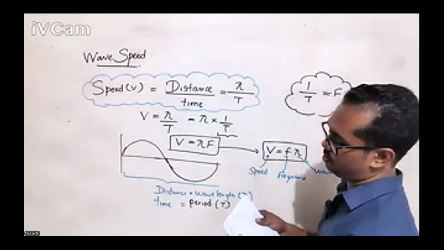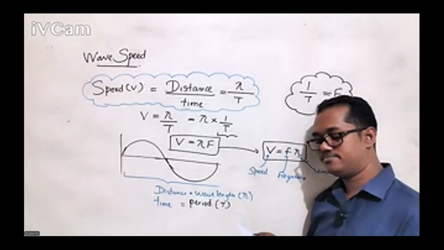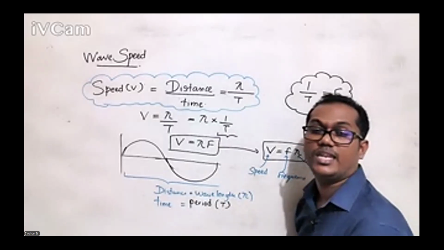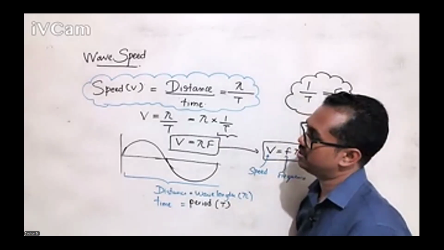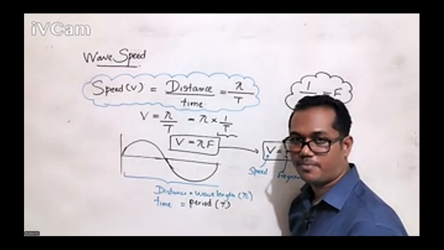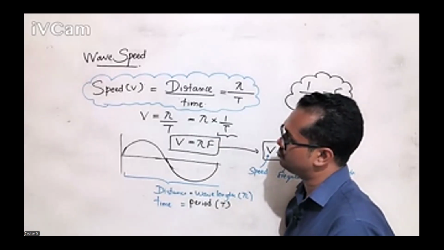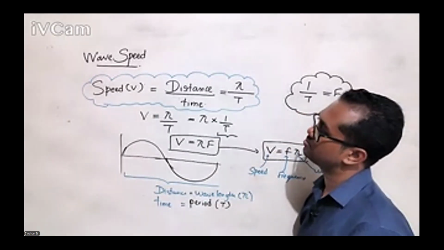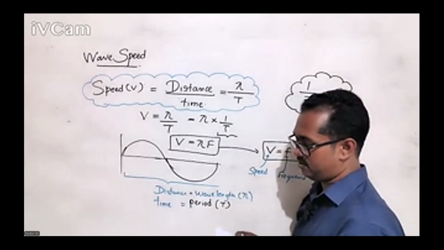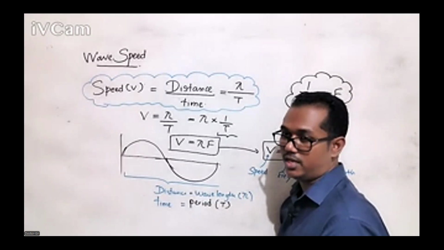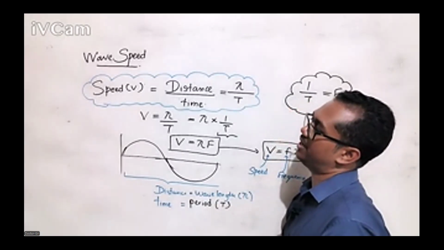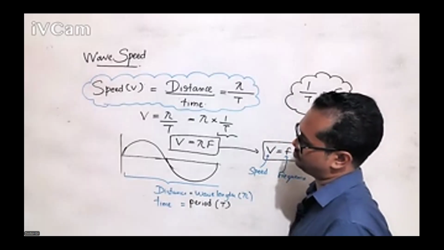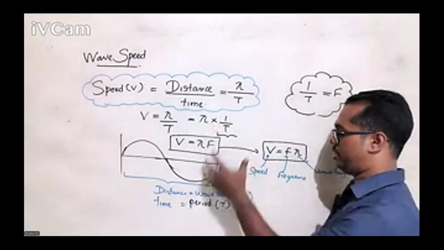Write down: the speed at which a wave propagates in a given medium is represented as the wave speed. Then write down these things.